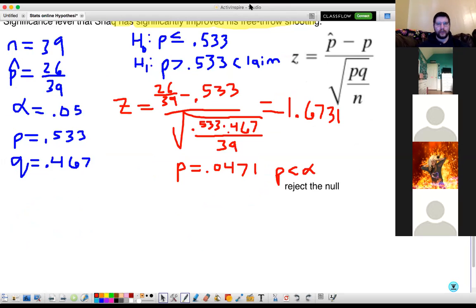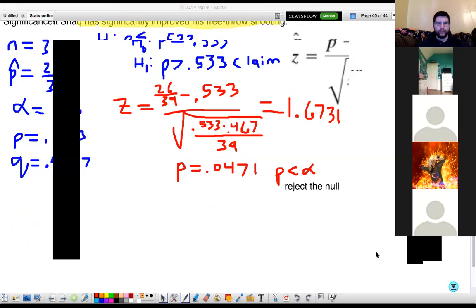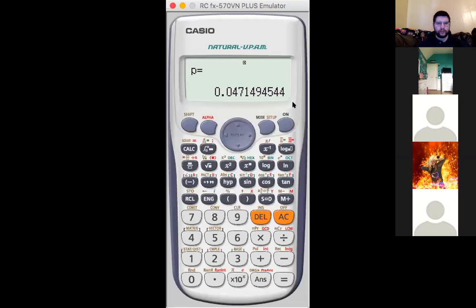So grab the Casio again. I'm going to go to inverse norm and type in alpha. So I get 1.645. So my critical value is 1.645.